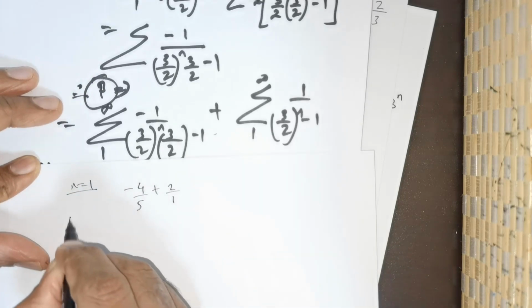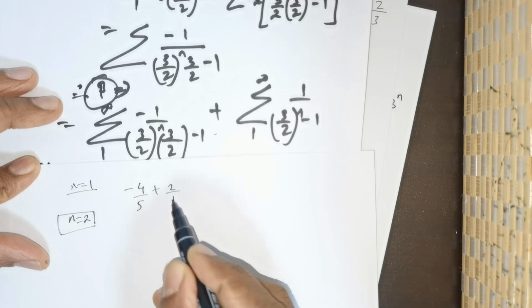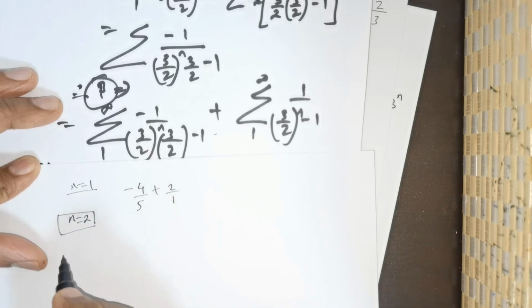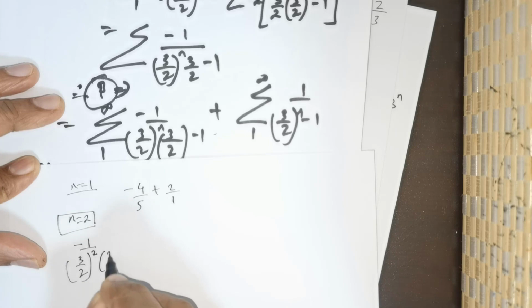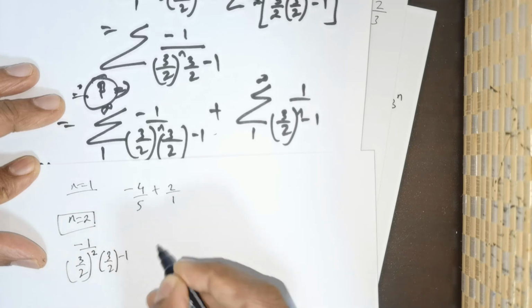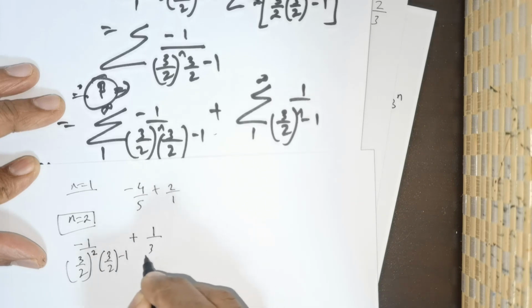Now let me move on to find the value when n is equal to 2. When n is equal to 2, this is going to give me negative 1 over 3 over 2 raised to the power of 2 times 3 over 2 negative 1, plus, for n equal to 2, 1 over 3 over 2 raised to the power of 2 negative 1.